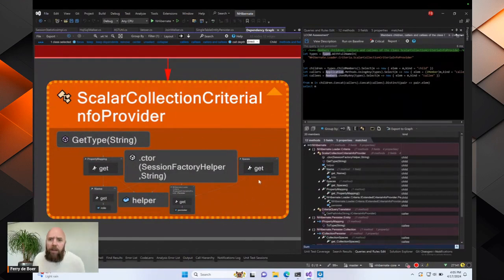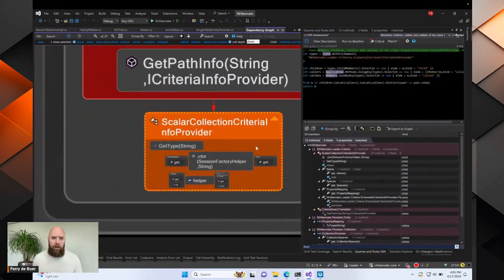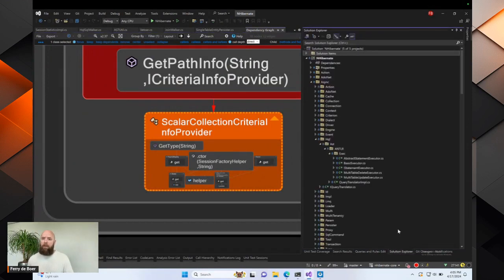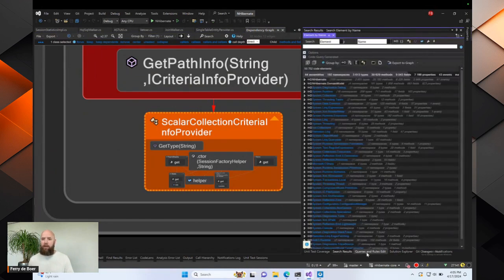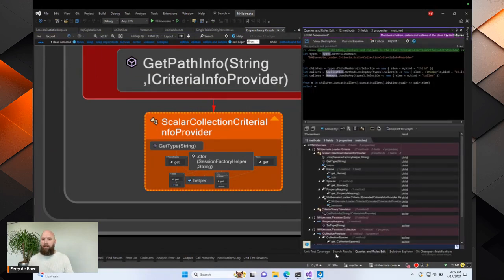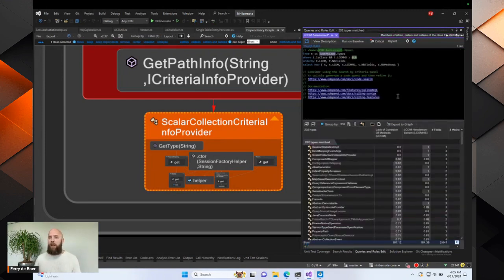You see that it looks like a neat, small, cohesive class. So presumably the outcome 4 has fewer false positives, but I can't put the results next to the results of NDepend. But that's how you could use these.